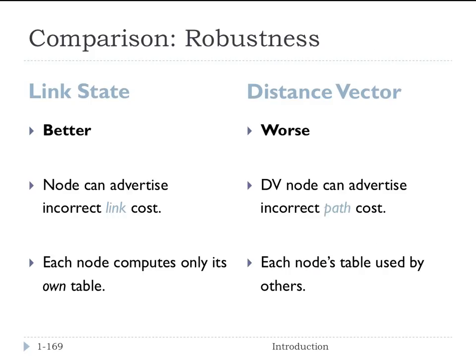Bad news travels fast. And in terms of robustness, this is what I was trying to say before but didn't say very well. Link state is more robust because nodes can advertise an incorrect link cost, but in distance vector you can advertise an incorrect path cost. So you're giving even broader bad information.